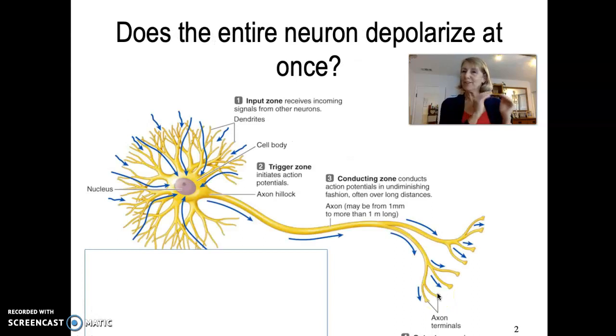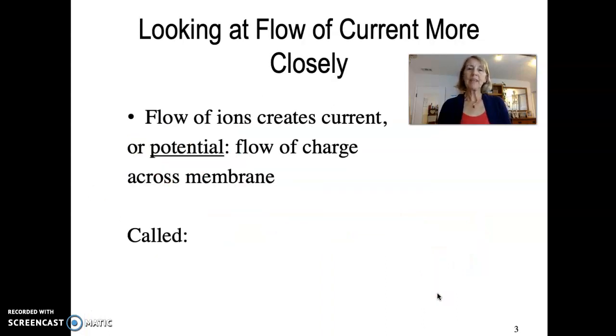Remember that the dendrites on their own can do a little bit of their own communication, okay? But this is the most common way that depolarization happens in a motor neuron. So there's a flow of ions, and that flow of ions is going to create current or potential.